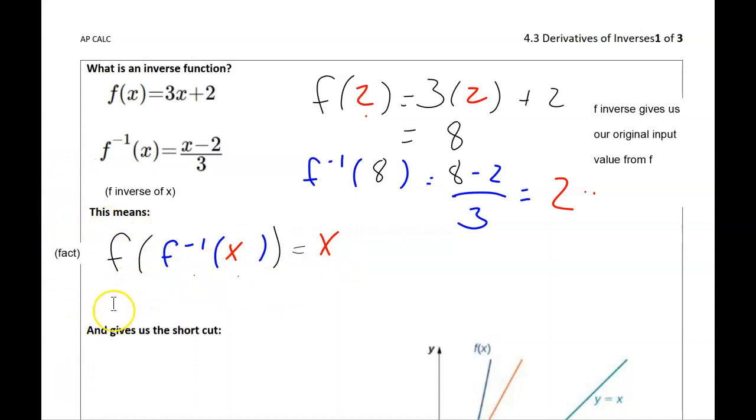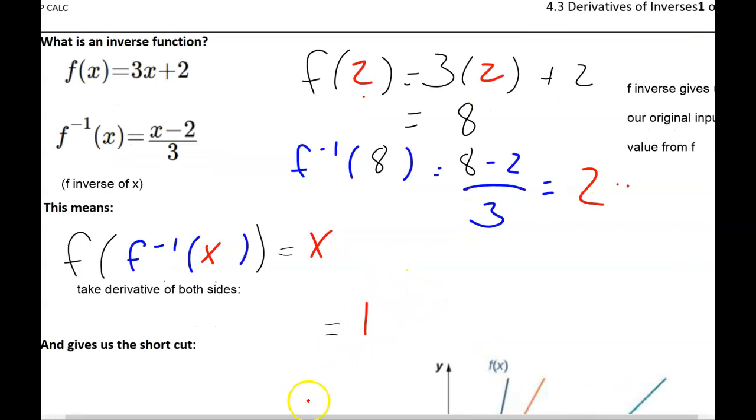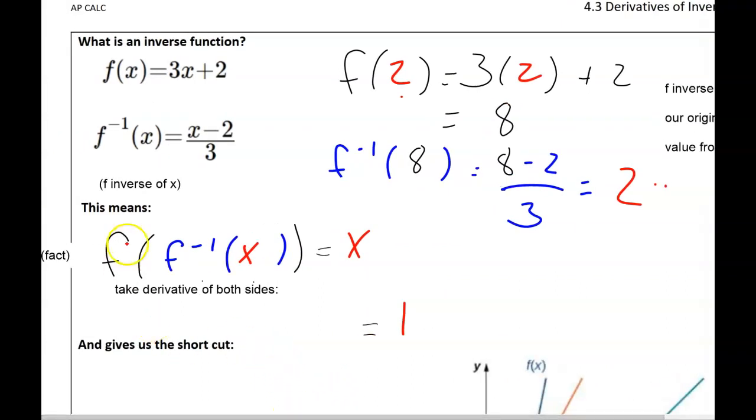And then here's what's cool about this notation: I can actually use this to discover my shortcut. So I'm going to take the derivative of both sides. So whatever I do to one side, I do to the other. And on the right-hand side, the derivative of x is 1. And on the left-hand side, notice I have a function within a function.